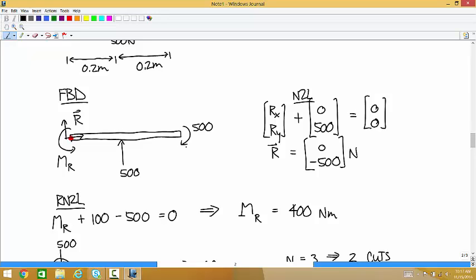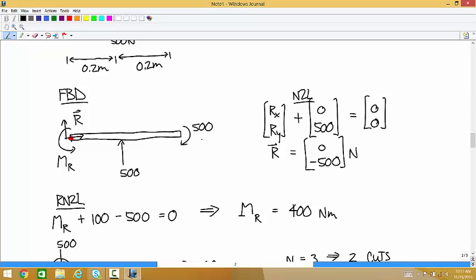Well, yeah, it did do something, even though we didn't use it in the internal load calculations, because we used it in the external load calculations. So it shows up in the other calculations we did. Even though it doesn't show up in our internal loads, the external loads tell us all we need to know for the math. And wouldn't the 500 Newton force in the middle create a point couple as well? Nope.